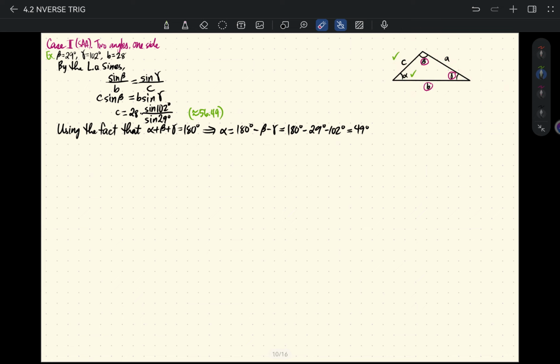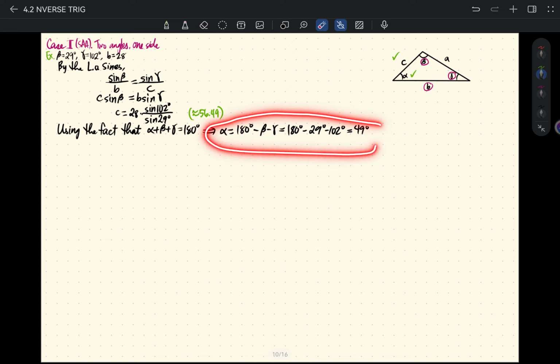And finally, since you have alpha equals 49 degrees, we can now relate alpha, and maybe we can choose beta. Then you have your B here and A. How will we relate these four values?